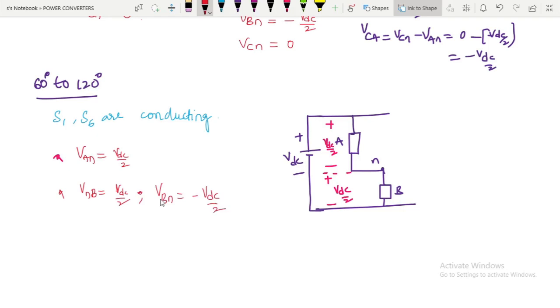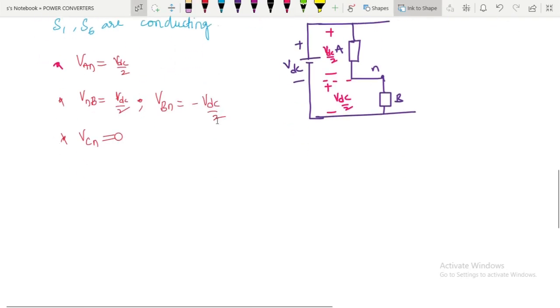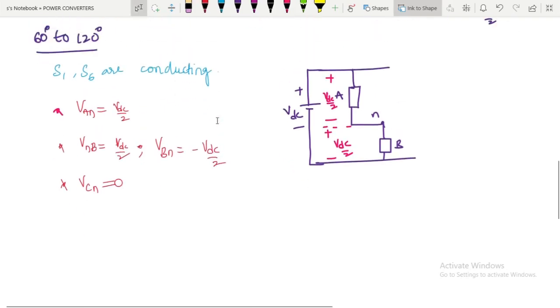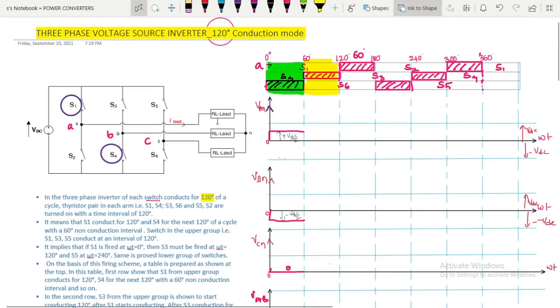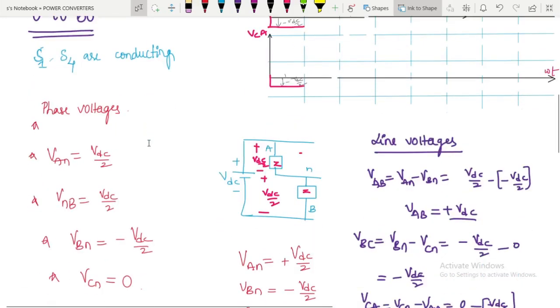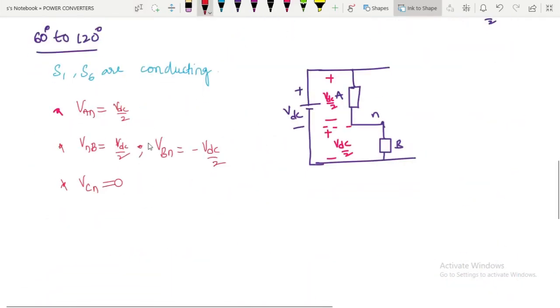And there is no sign for VCN, which is 0. Okay, S6 is contributing for C, not B. This is C here.